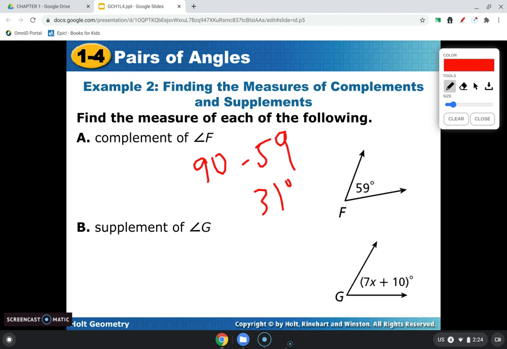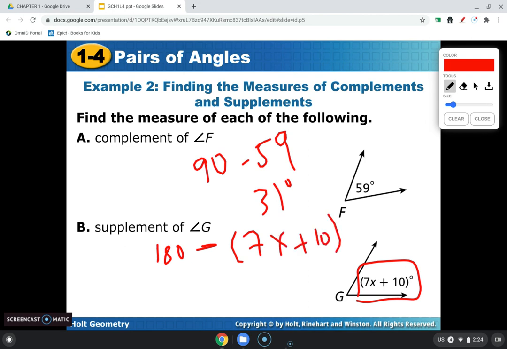All right, when they ask for the supplement of g. When they give this to you in terms of x, your answer is going to be in terms of x, because in this case, we do not know what x is. So to find the supplement of g, supplement adds up to 180, we're going to take 180 minus the angle.